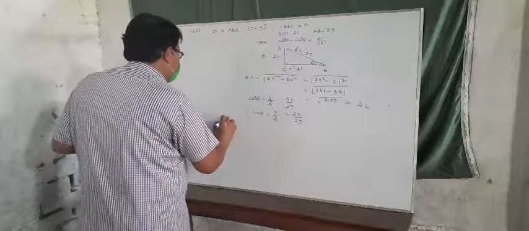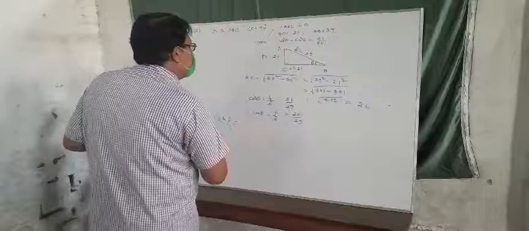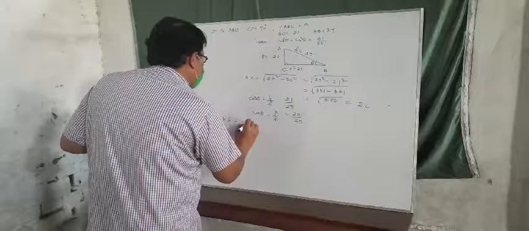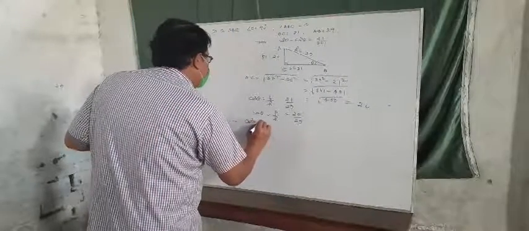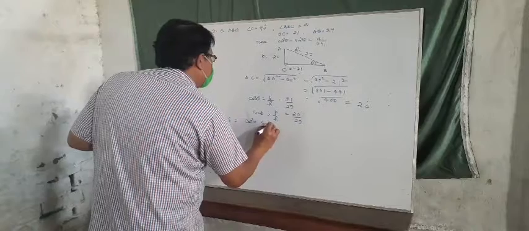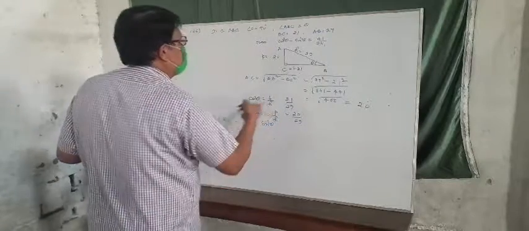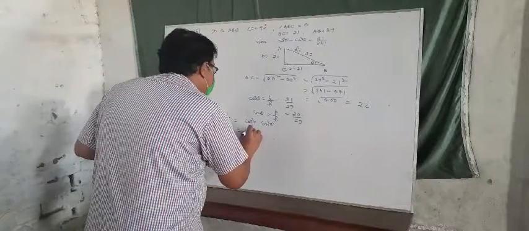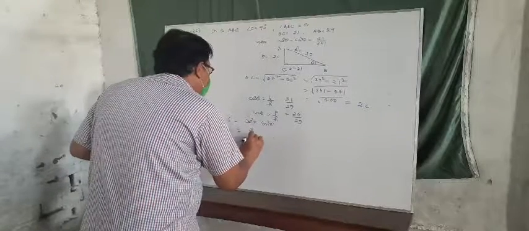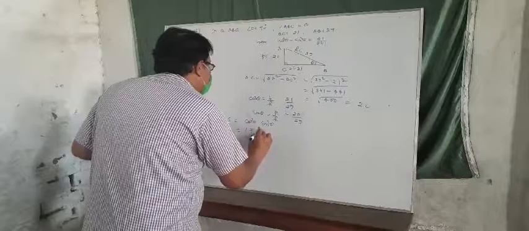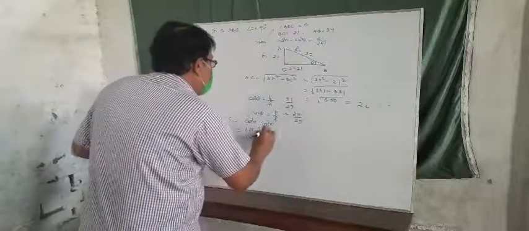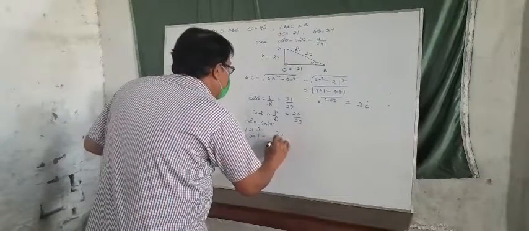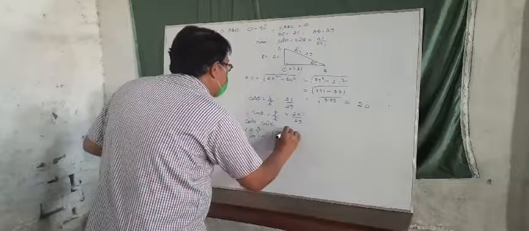LHS is cos square theta minus sin square theta. The value of cos theta is 21 by 29 whole square, and sin theta is 20 upon 29 whole square.